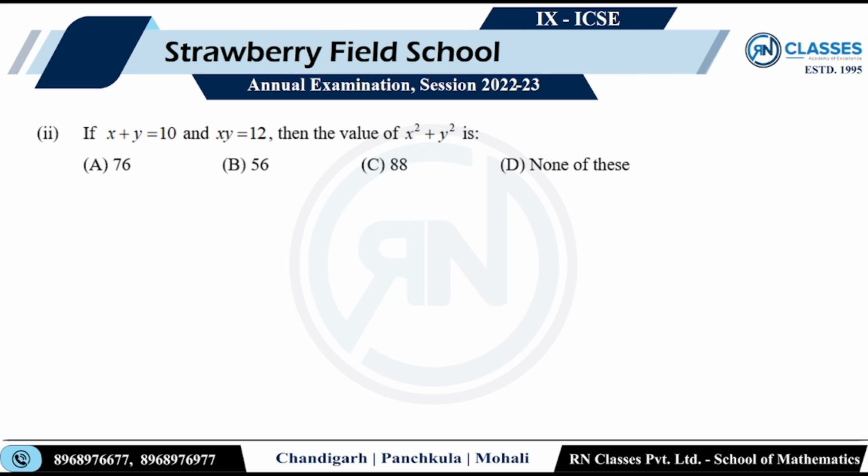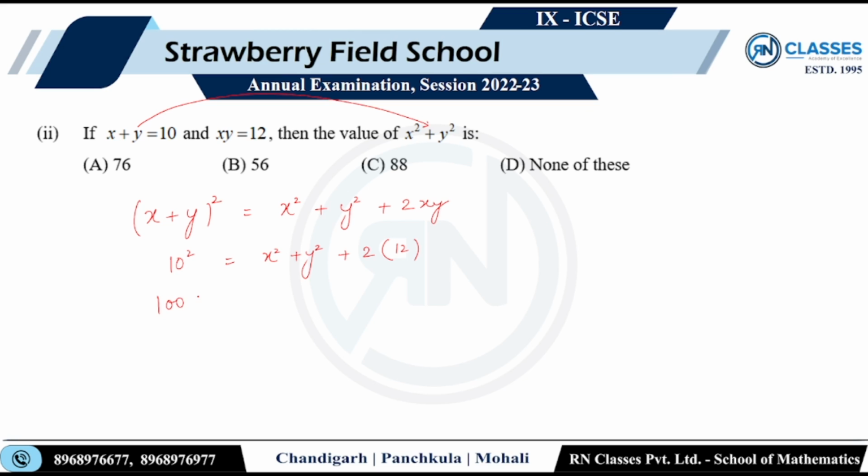Part 2. x plus y is 10, xy is 12, what will x square plus y square be? Now see for yourself, how can I go from x plus y to x square plus y square? x plus y whole square. Now, what is x plus y whole square? x square plus y square plus 2xy. x plus y is 10, so 10 squared. x square plus y square, we need to find it, plus 2xy, which is 12.